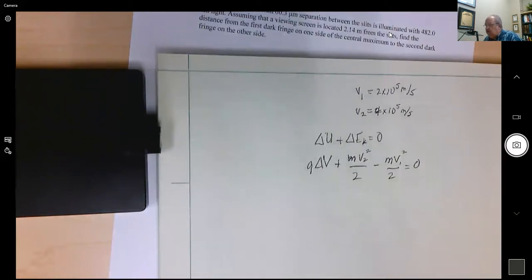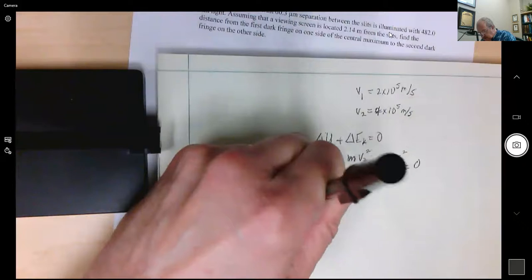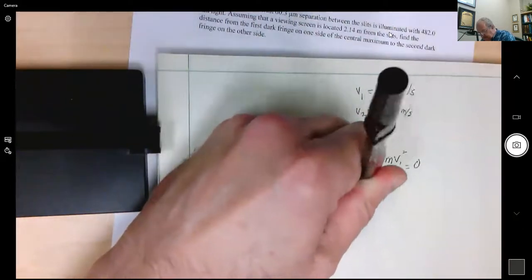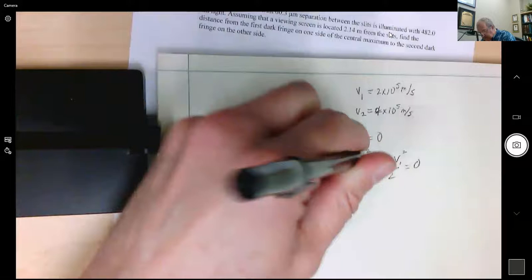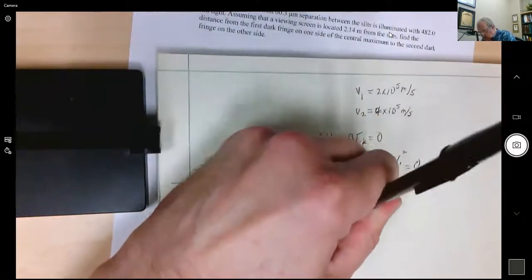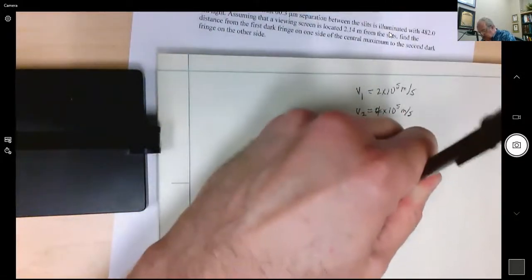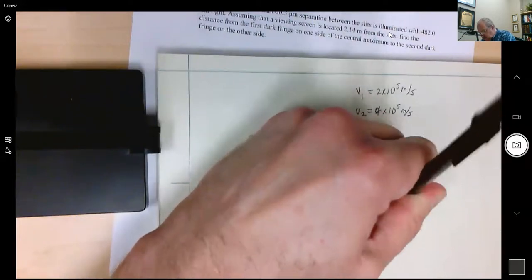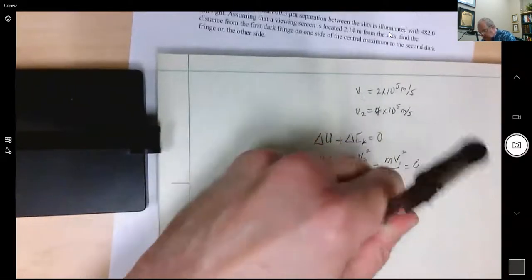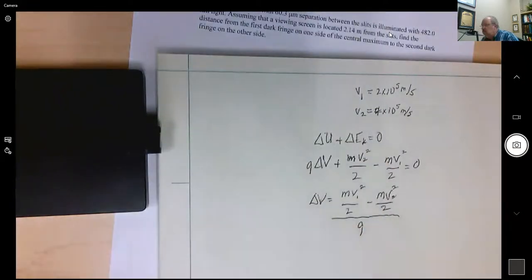So now all I have to do is go ahead and solve. I know the kinetic energy of my proton. I know the charge of my particle. So now I just need to solve for delta V. So delta V is equal to mv1 squared over 2 minus mv2 squared over 2, all divided by Q, the charge.